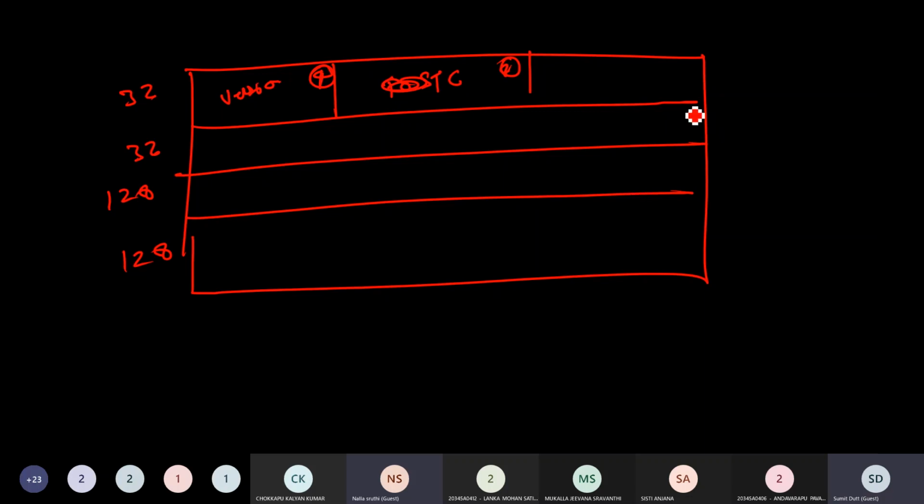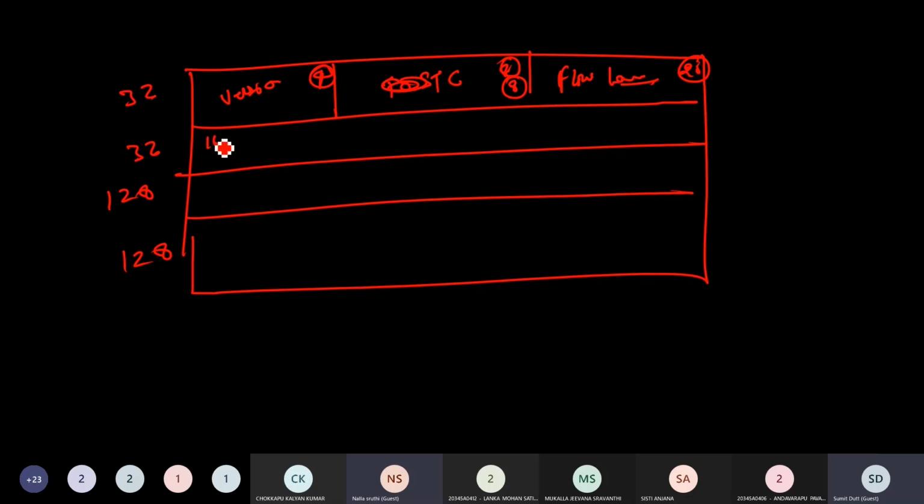Then we have 20 bits. So here it is 8-bit, and here 8 and 12. So the remaining 20 bits we use for flow label. Flow label is nothing but the flag that we use for identifying the segmented part.